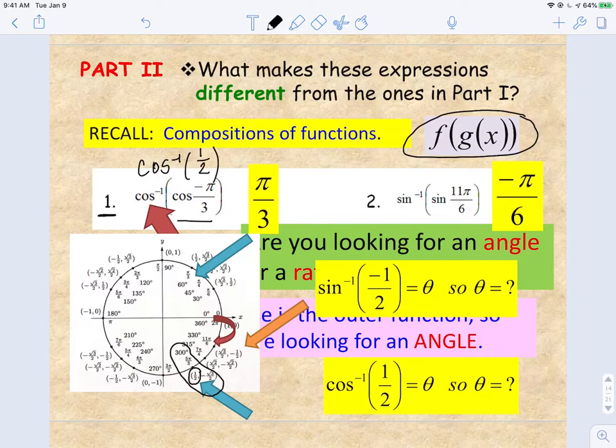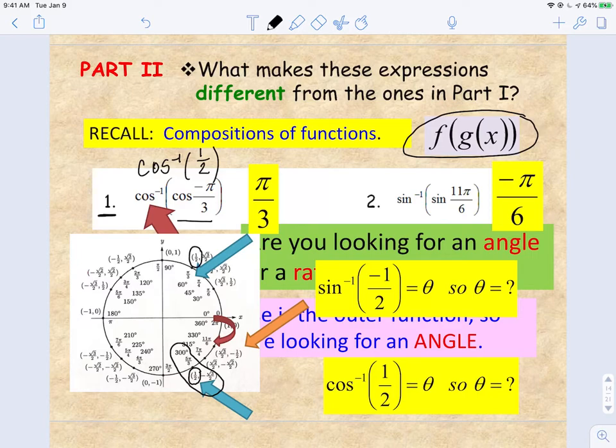All right. Now from there, we need to figure out what angle has a cosine measure of 1/2. So we know we're going to be looking in the first quadrant. Remember, inverse cosine is restricted to the first and second quadrants. The first quadrant is for all of the positive ratios, and 1/2 is positive in this situation. So I'm going to look for the angle measure that has a cosine value of 1/2.